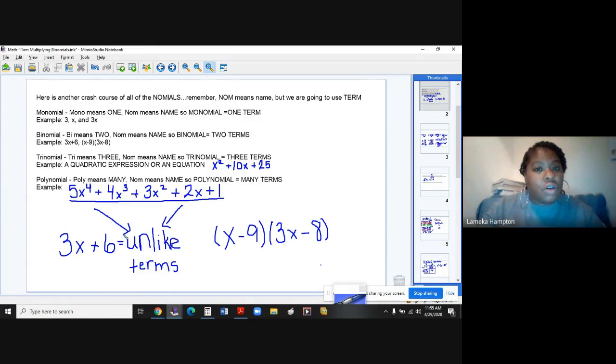Because tomorrow is not only a brand new day, but we are going to multiply monomials and binomials. We're going to be doing a lot of multiplication. So it's very important that you make sure that you understand how to multiply like terms and unlike terms. So we're going to take that particular piece and we are going to apply it to tomorrow's lesson.